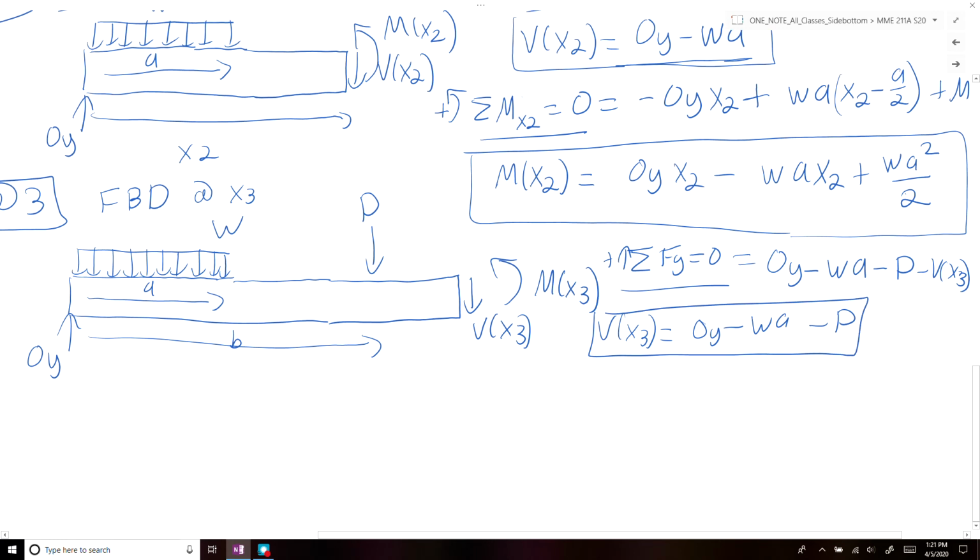And then we'll sum all of our moments about the end point, at x3, and set them equal to 0.